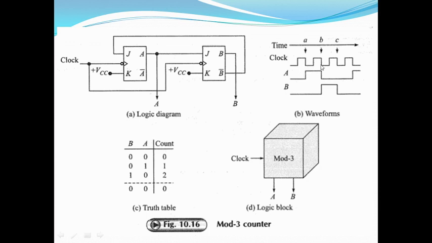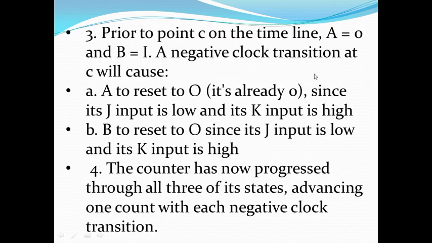From here, this is one clock waveform, this is the second clock waveform, and this is going to be the third clock waveform. So the period of 3 clock waveforms is going to be accommodated in one waveform either at A or similarly at B. That means this frequency is divided by 3. So either you can say that it is divided by 3 and the period is going to be increased 3 times and the frequency is divided by 3.